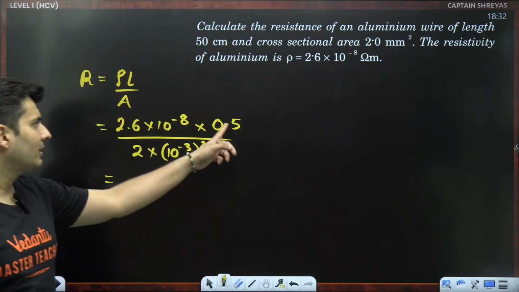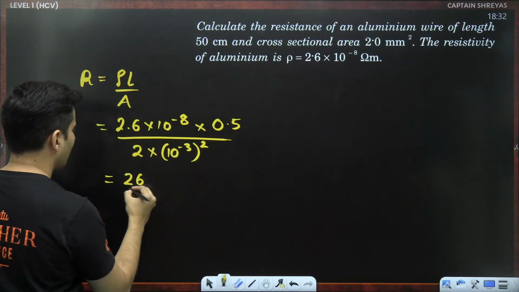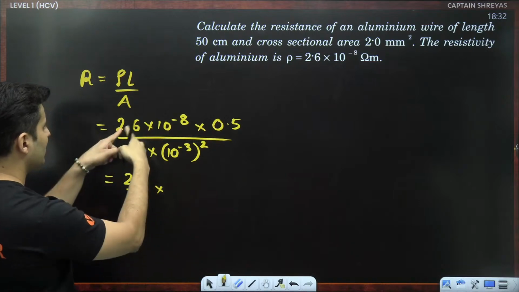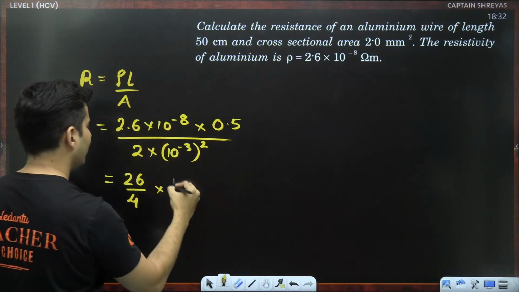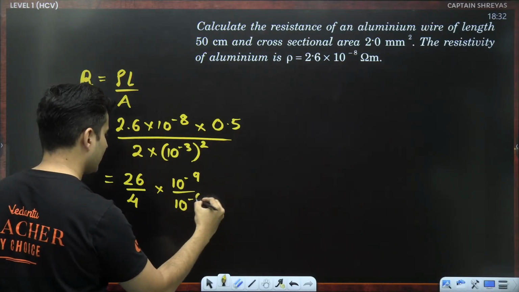Now 0.5 is half. So this will be nothing but 26 divided by 4 multiplied by, I just shifted the decimal, so 10 to the power minus 9, of course, and 10 to the power minus 6, of course.